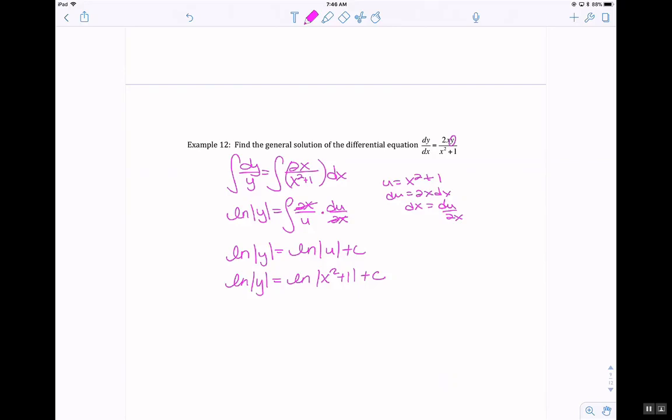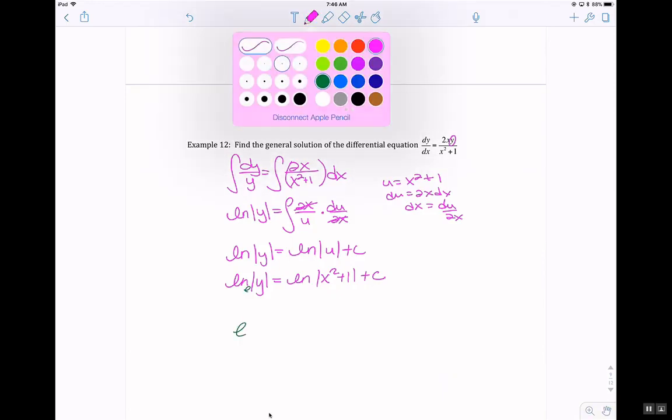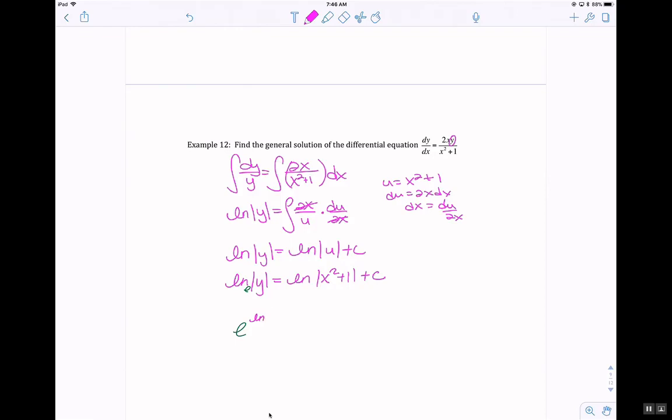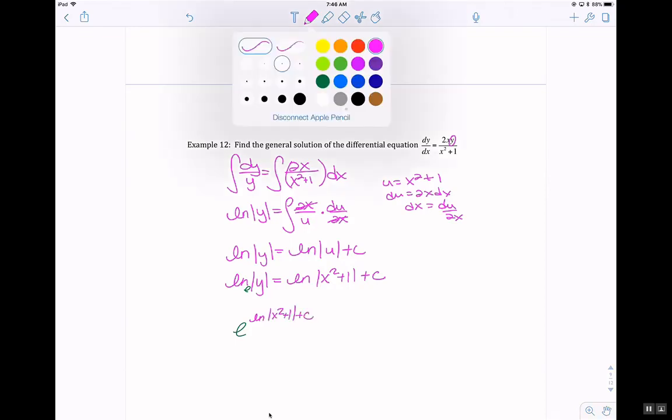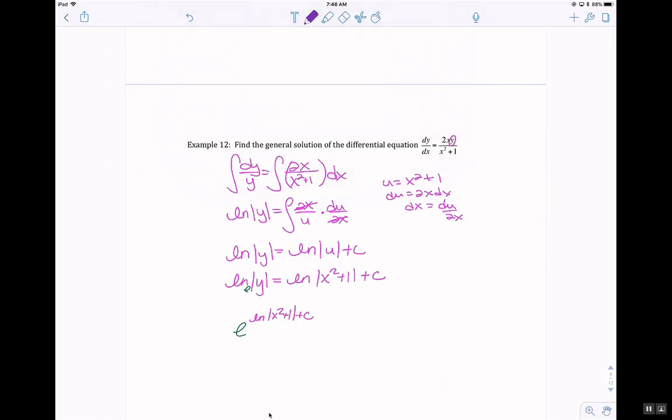So the base of ln is e. So e to the ln absolute value of x squared plus 1 plus c is equal to the absolute value of y.